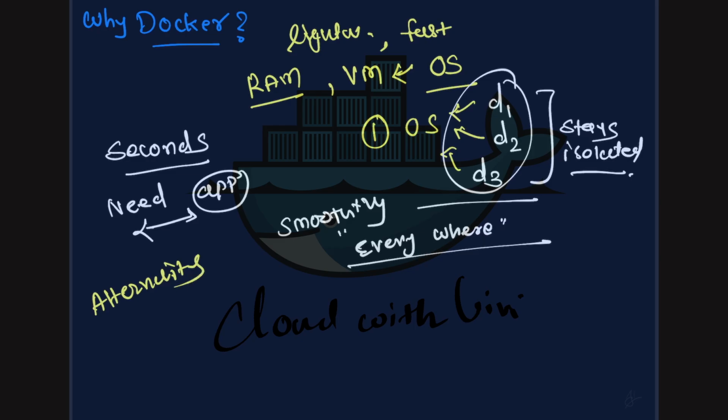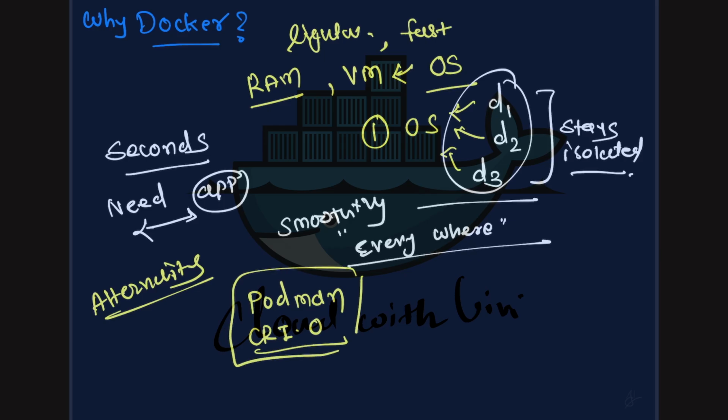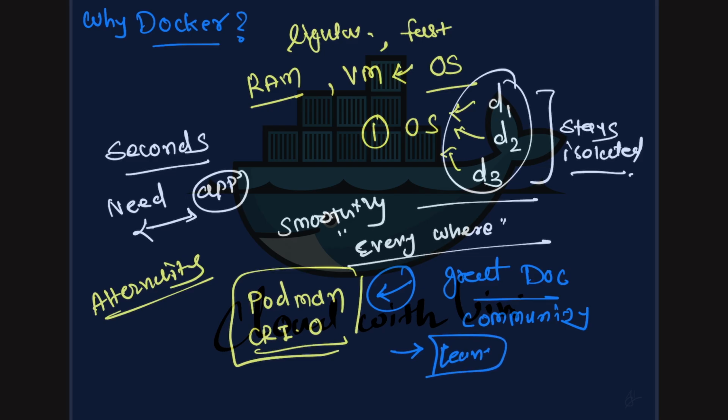Then there are some alternatives, such as Podman and CRI-O. There are some good options, but people are not using them as much because Docker has great documentation, a great community, and is easy to learn.